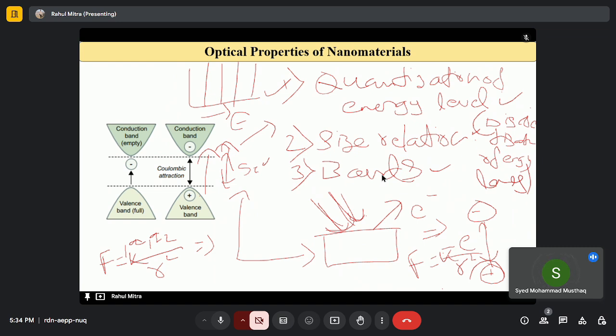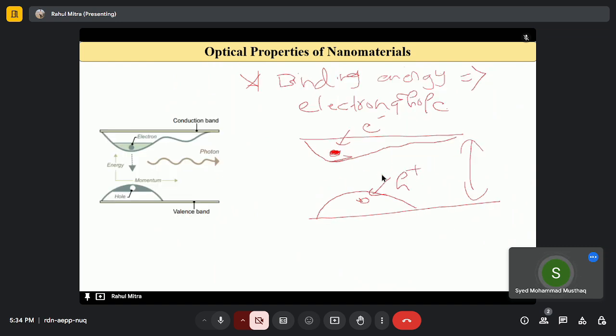However, at low temperatures for bulk semiconductors, there is an optical absorption below the band gap energy, as I said before. Even if we supply less energy than the band gap energy, the electron jumps to an energy level.